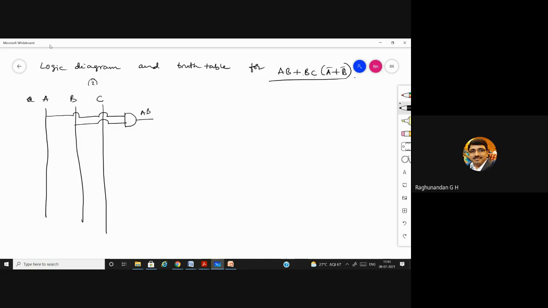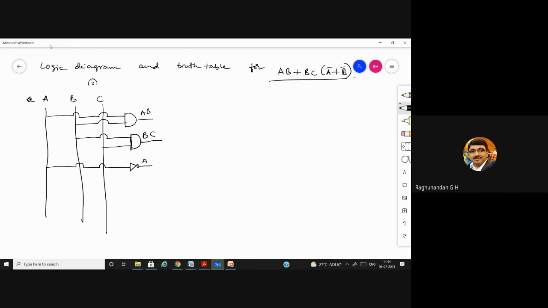Then BC we are having, 4 pi divided by square degree. Whether you take it in radian or in square degree, you have to convert that 4 pi into square degree. So in order to get A bar, what we need to do? We should pass it through a NOT gate.